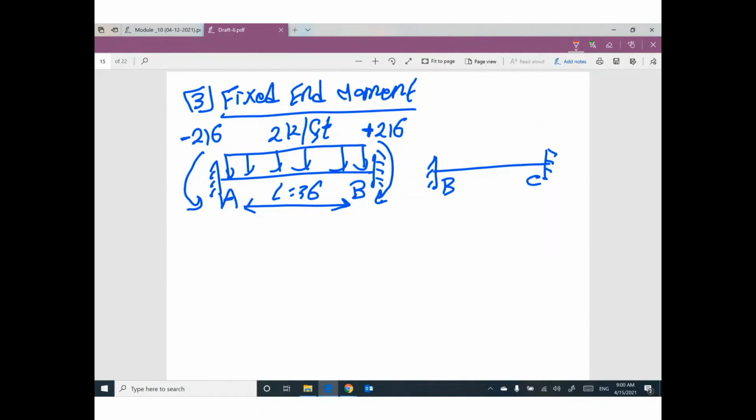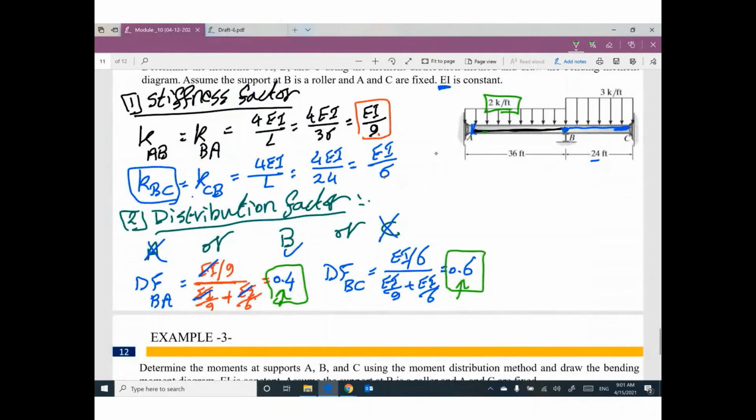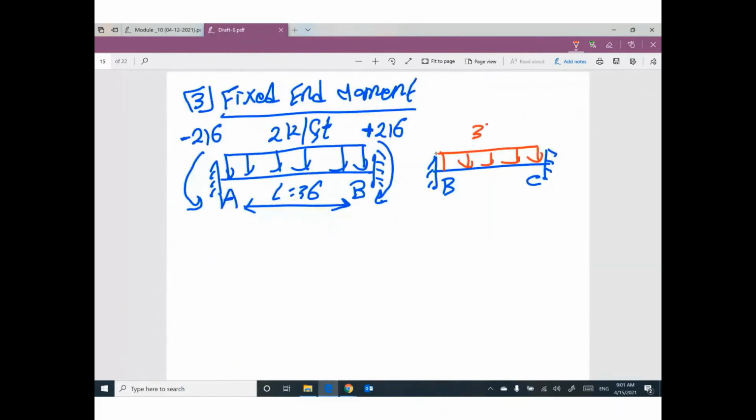The other one, we have uniform distributed load here, 3 kips per foot, and the length is 24. Your moment here and your moment here, WL squared divided by 12, will be 144 positive, negative 144.